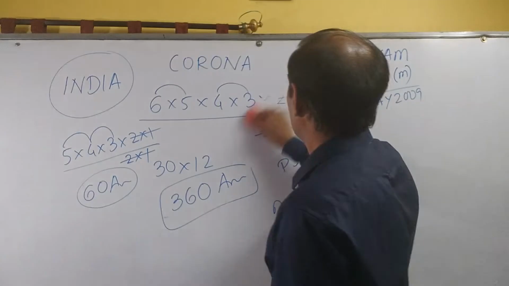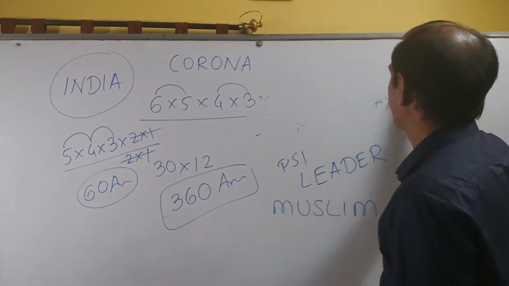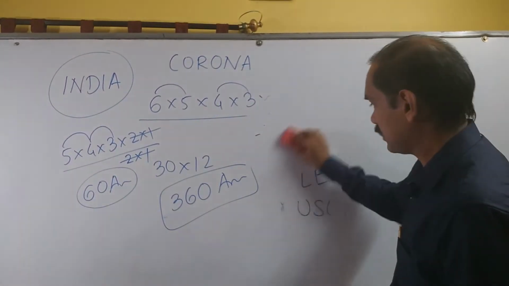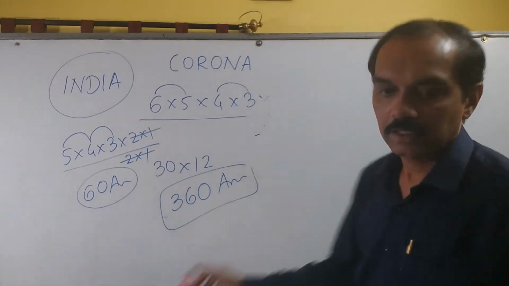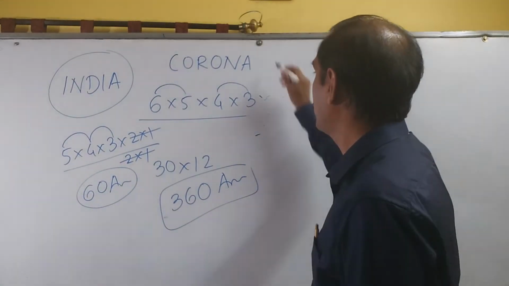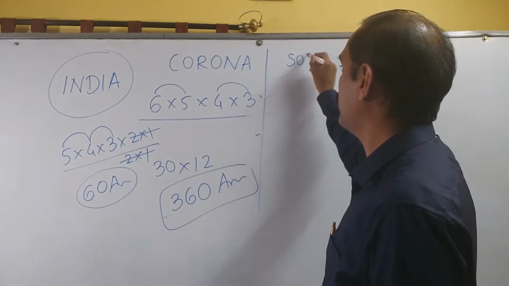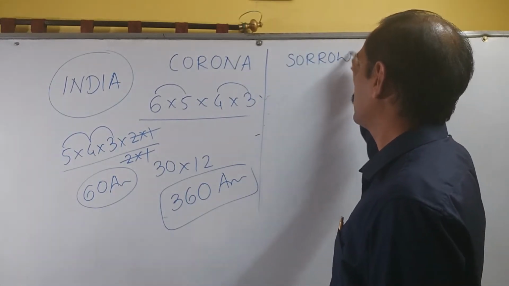Now let us take one more word, sorrow. How many different words can be formed by using all the letters of the word sorrow?